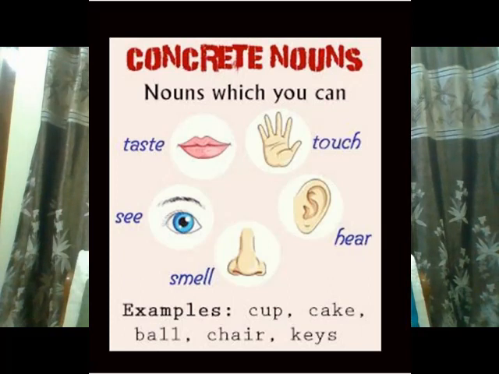So, whatever you can see, whatever you can touch, or whatever you can feel comes under the category of a concrete noun. I hope you have understood what a concrete noun is.